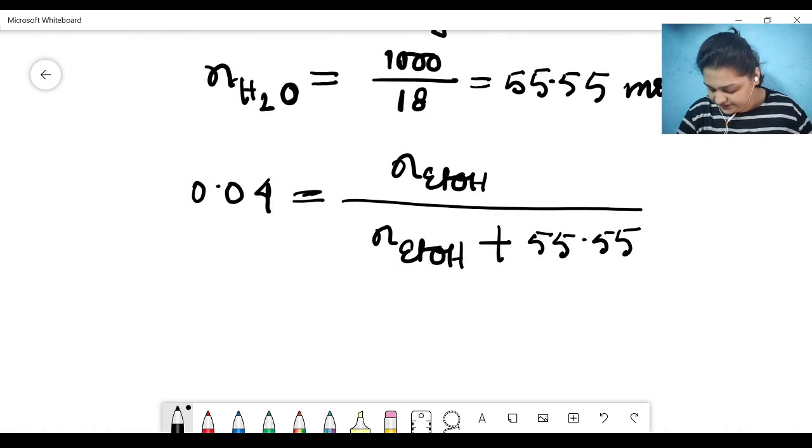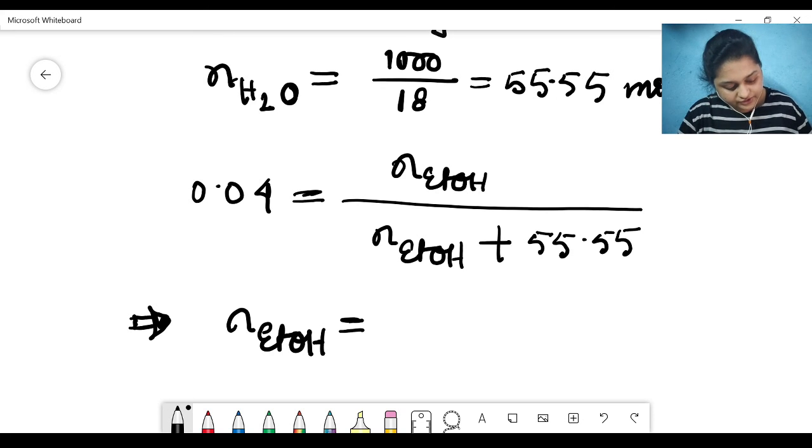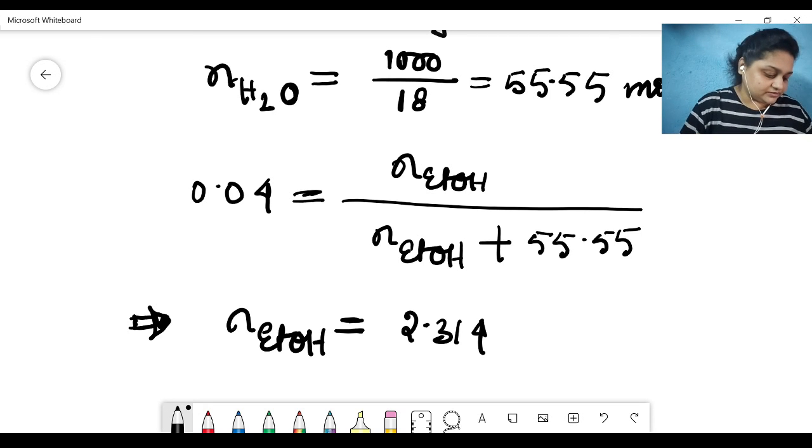Now, by doing simplification, the mole number of ethanol that we are going to find is 2.314.